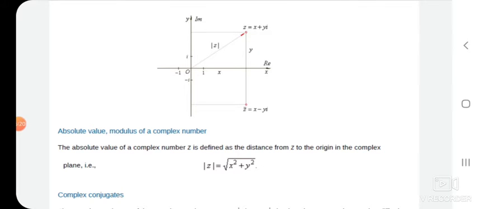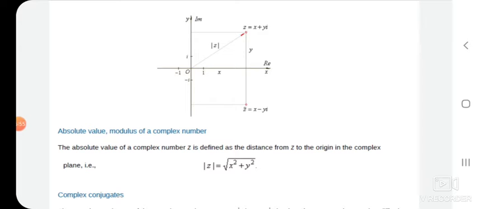Now, the absolute value or modulus of a complex number. The absolute value of a complex number z is defined as the distance between z and the origin in the complex plane, that is, mod of z is equal to square root of x square plus y square.